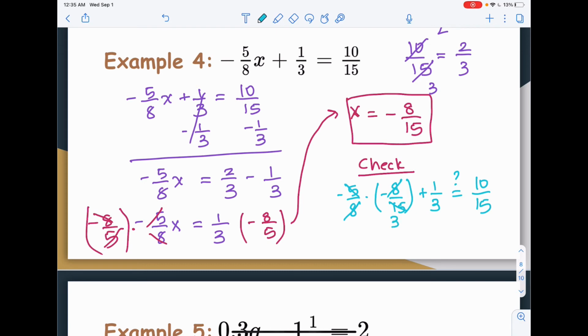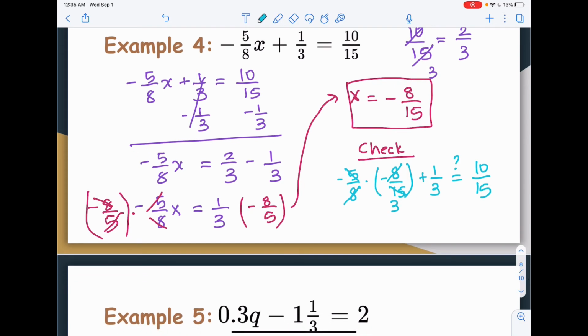This will be 3. So what I have here on the left side of the equation is 1 over 3 plus 1 over 3, because these are all 1. And 1 over 3 plus 1 over 3 will give us 2 over 3, which is the same thing as 10 over 15.